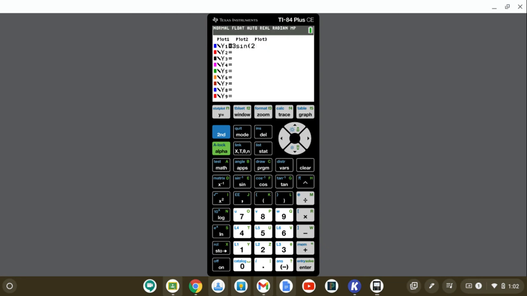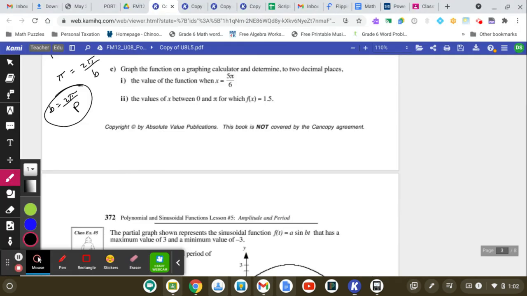It's a lot of squiggles. Is it going up and down to 3 like you thought? Yes. Okay, good. And what are we supposed to do? We're supposed to find the value of the function when x is equal to 5 pi over 6.